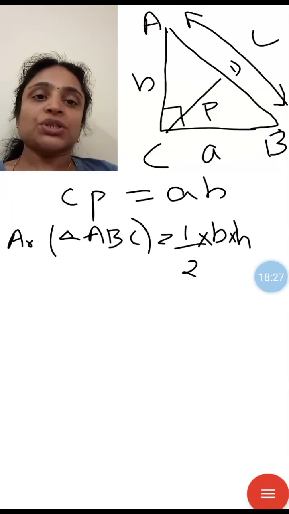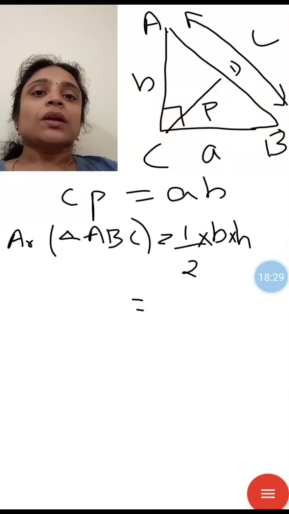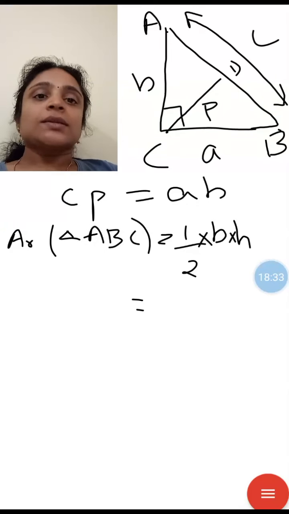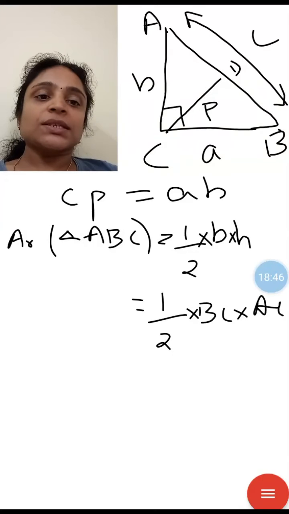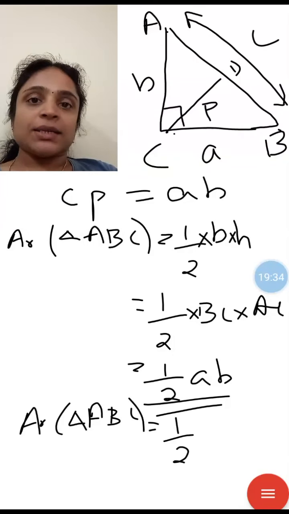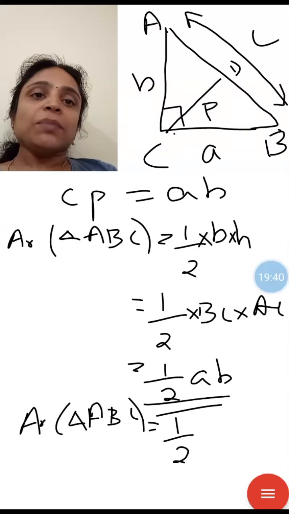Here, if BC is considered as the base, we can write it as half of BC into this AC is the height, so into AC, which is equal to half of AB. If we are taking AB as the base, CD is the height. Now, AB means half into AB into CD.